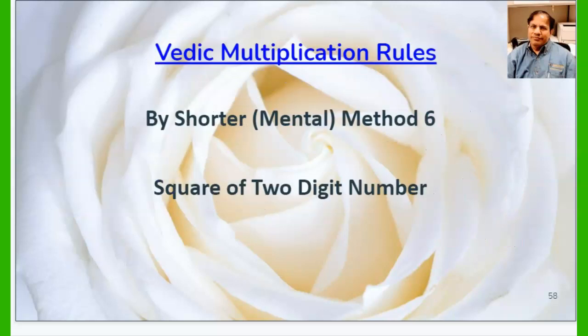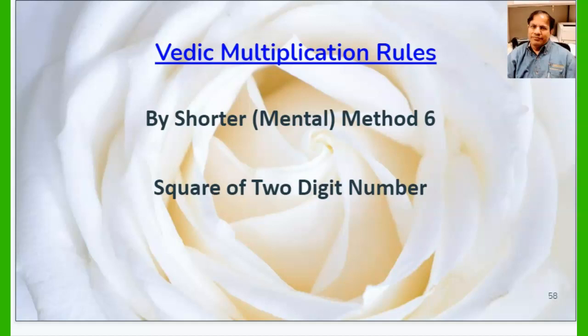We go on to the next method, which is squaring of two-digit numbers. Of course, squaring of any two-digit number is actually multiple of the same number. Multiplicand and multiplier, they are the same. And so we can use any of the above methods of multiplying the two-digit numbers.